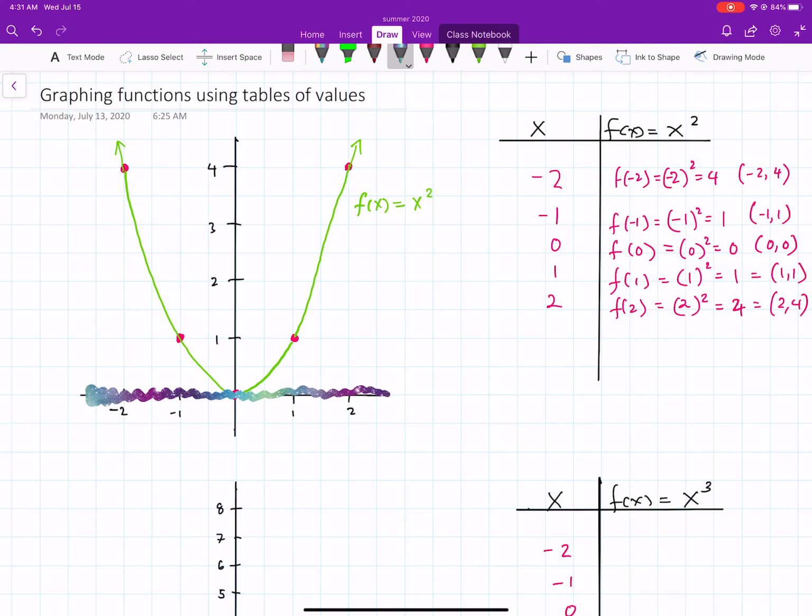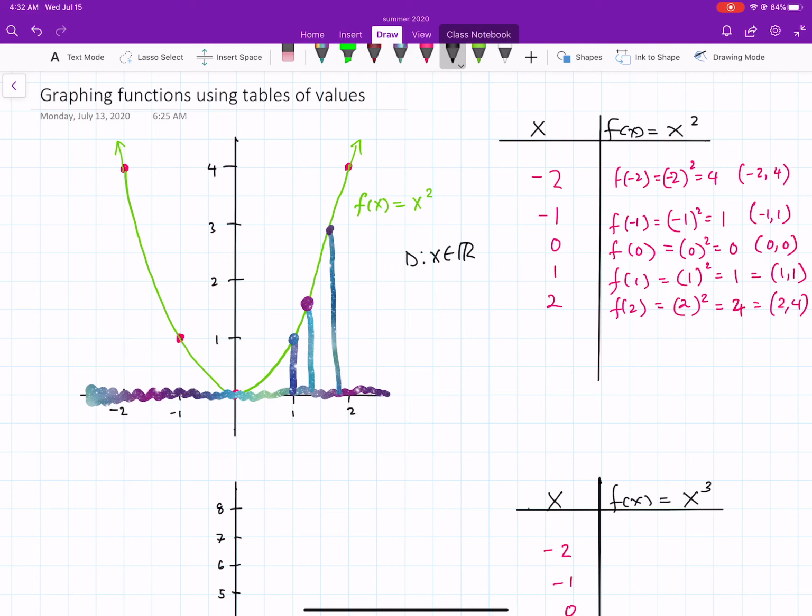You can clearly see that for every x, it's got a corresponding y value. For every x, it's got a corresponding what? Y value. So we can say that the domain is what? All real numbers.